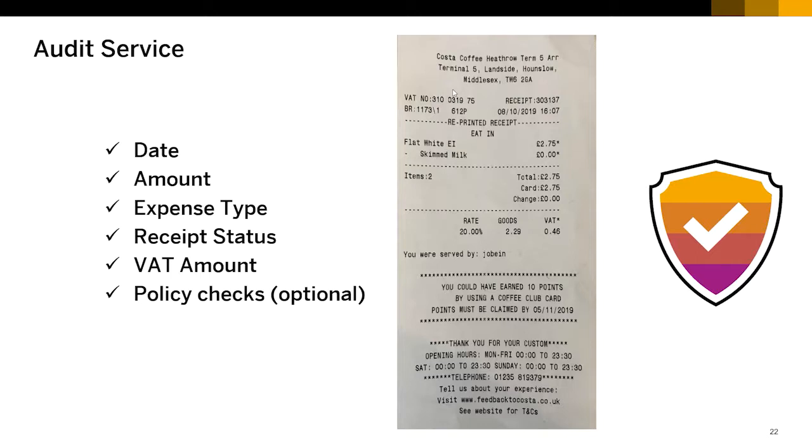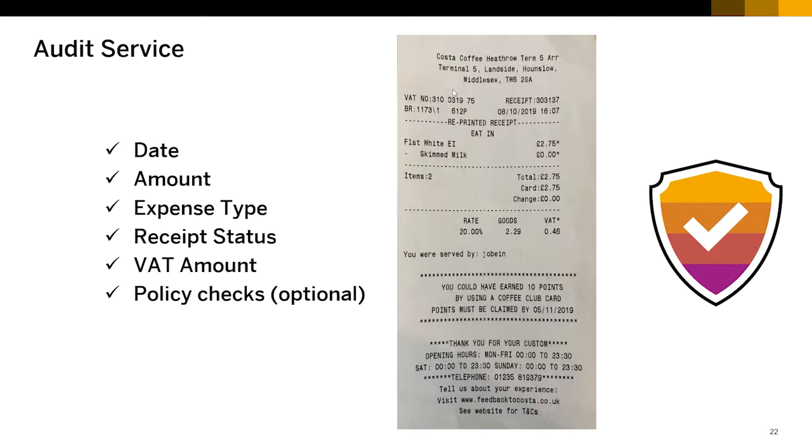We use the best of the best software, but I'm not going to sit here and tell you that that software is 100% accurate 100% of the time. Certainly saves employees having to put in 100% of the information, but there's always going to be room for error. This is machine learning.